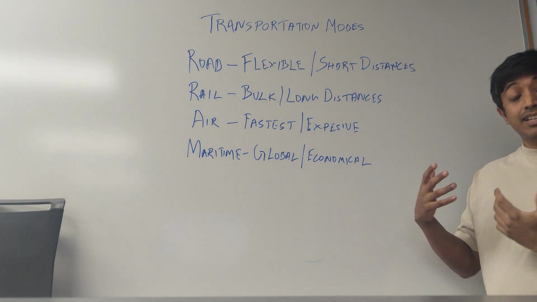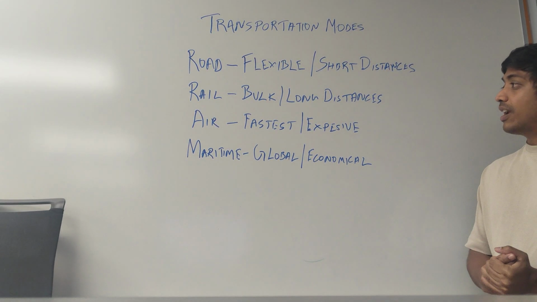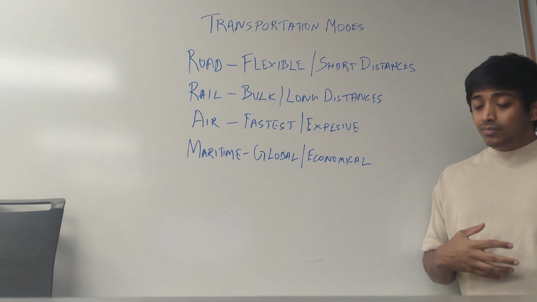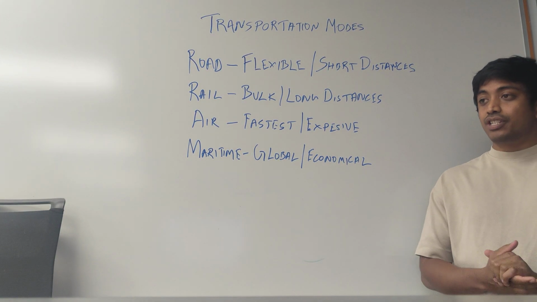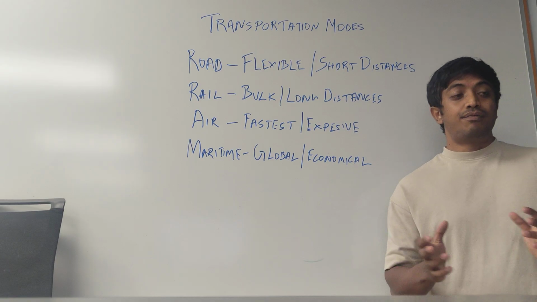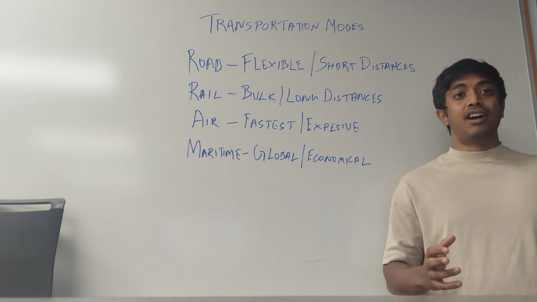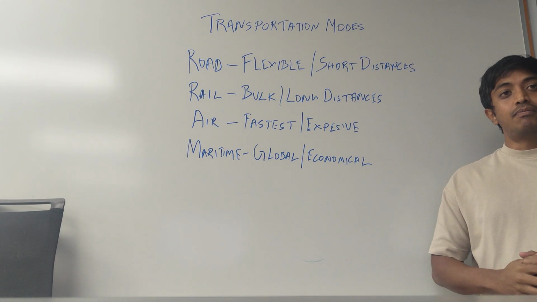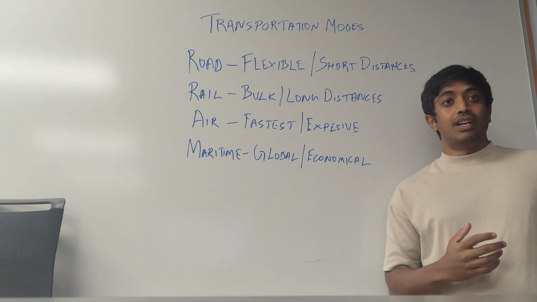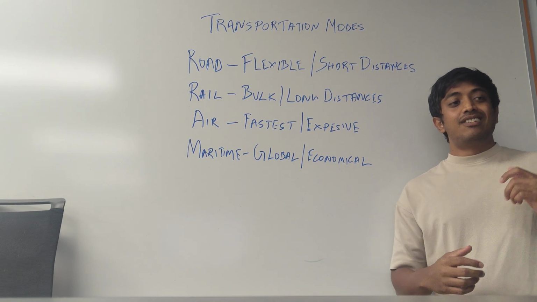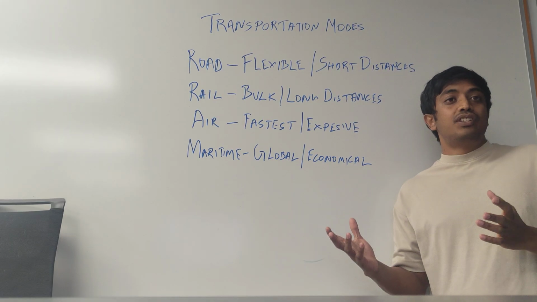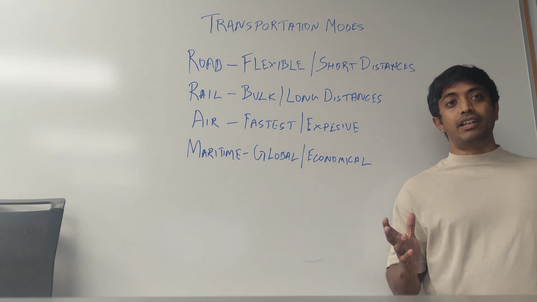Next, let's look into the rail mode of transportation. Some of the advantages of this mode of transportation are that it is very cost effective. If you want to send a big cargo, rail is the best mode. It is efficient and reliable, like trains usually reach on time.